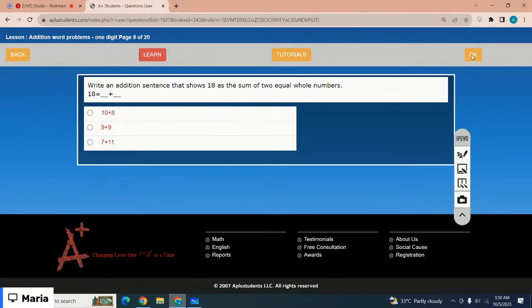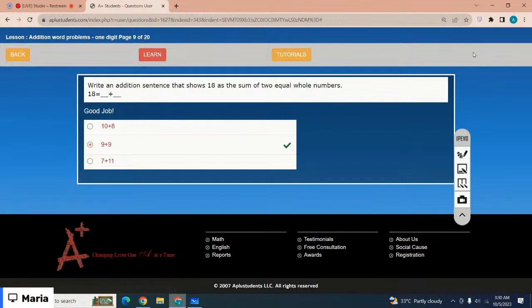These are the two equal numbers that make 18, right? So the correct option is 9 plus 9. Very good.